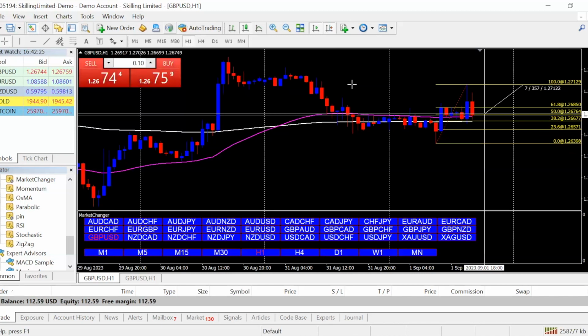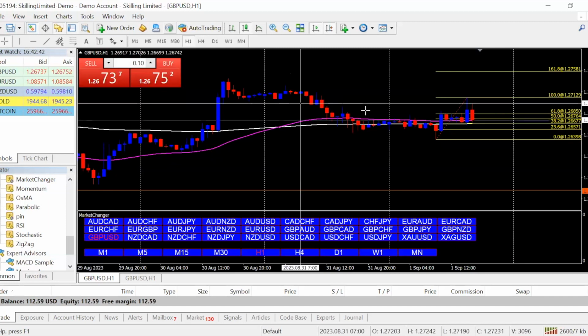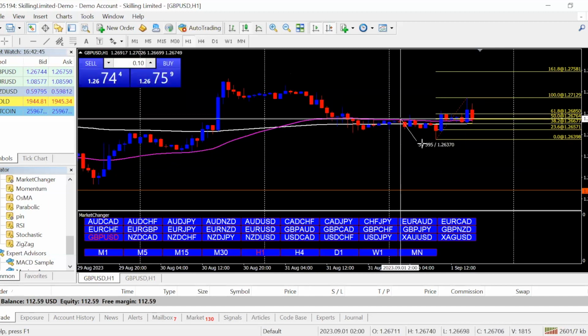But I'll explain that portion to you now. Where your target is here, let me quickly drag this. See your target. Your target for profit is 161.8%, which is at 1.27581. So if I bring the crosshair again, I put at 50% retracement here, and then the stop loss, of course, is at 41.7 pips.